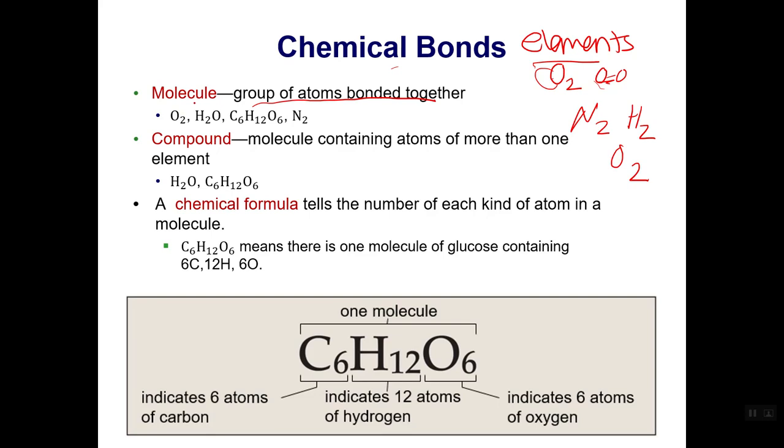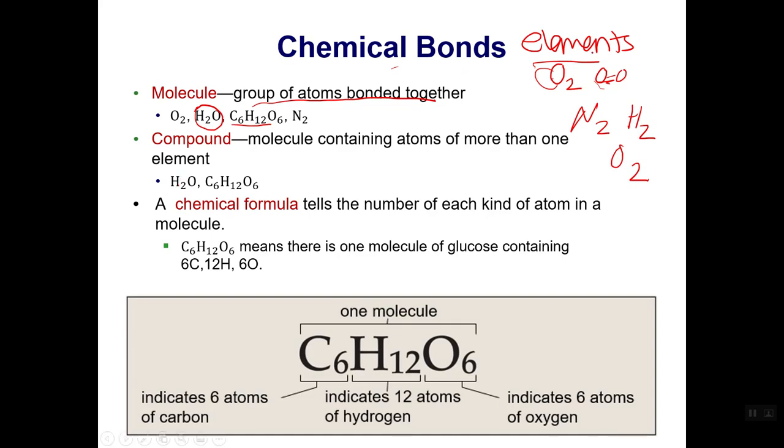Molecule is a little bit more encompassing. It includes things like H2O. They don't have to be of the same type, or glucose. Compounds are molecules containing atoms of more than one element. And it has to be different ones. So again, it gets a little bit more specific. Some of these terms are kind of overlapping.